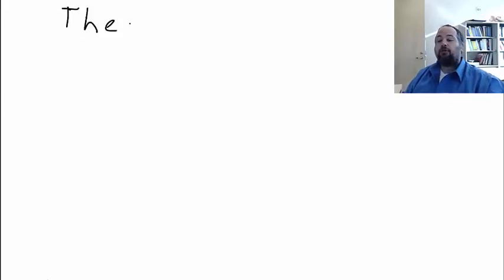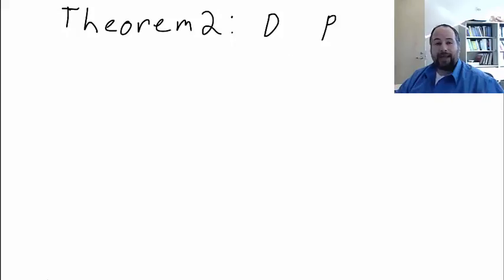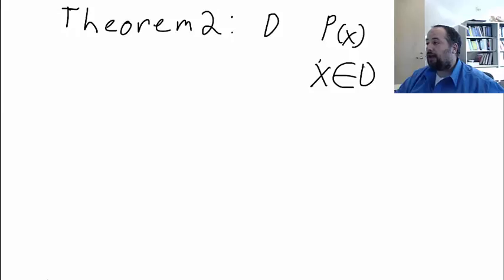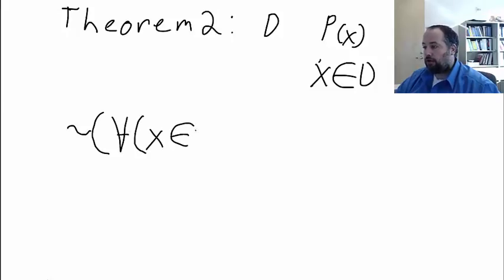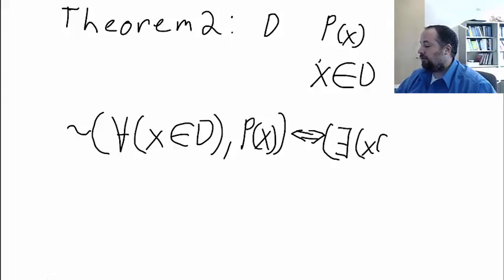This leads into the formal theorem 2. In theorem 2, D is a set of symbols, P is a predicate, and it's defined so that X is a member of D. Based upon those rules, the negation of "for all X that are members of D, P of X is true" is that there exists X that's a member of D such that not P of X is true.